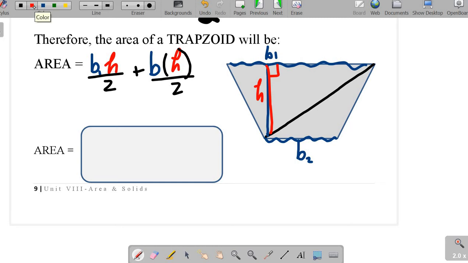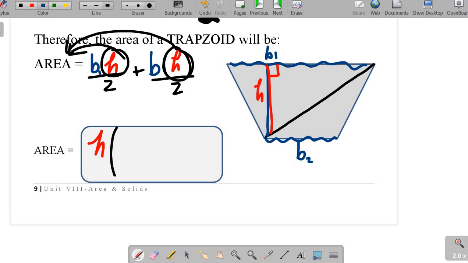So if we simplify that, we're going to take, just circle the height here, and it's like backwards distributive. We're going to take the height out. So area of a trapezoid is going to be the height times the average of the bases.